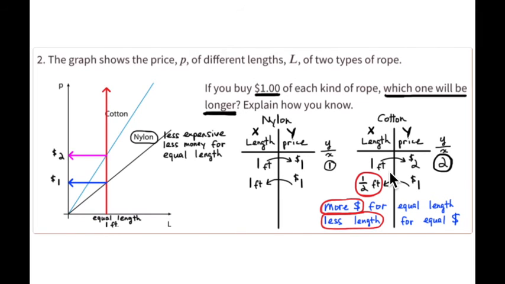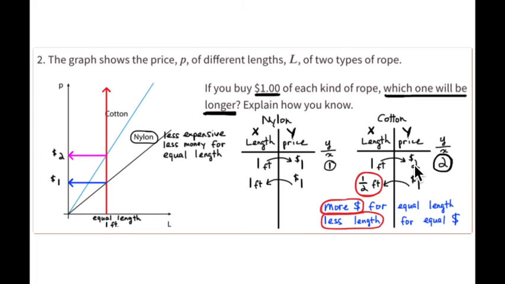When you compare prices at a store, you want to make sure that you think about the information that's provided in this first row. That is called the unit price. So for example, nylon costs $1 per 1 foot or 1 unit of rope. So the unit price is $1 per foot. Cotton rope costs $2 per 1 foot or $2 per unit, which in this case the unit is 1 foot.